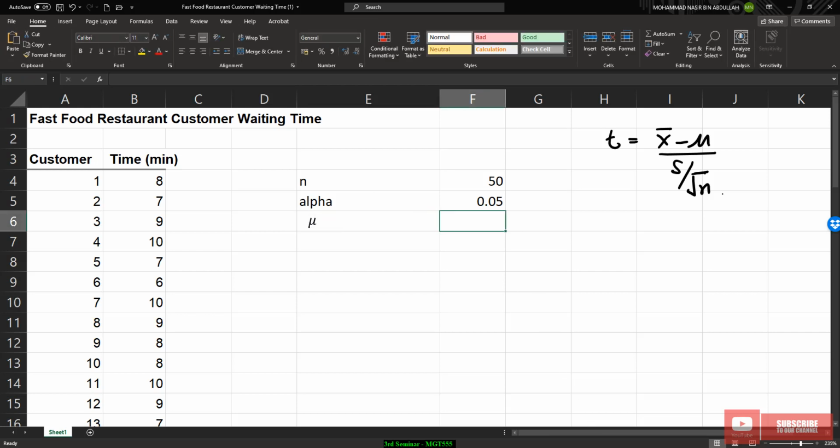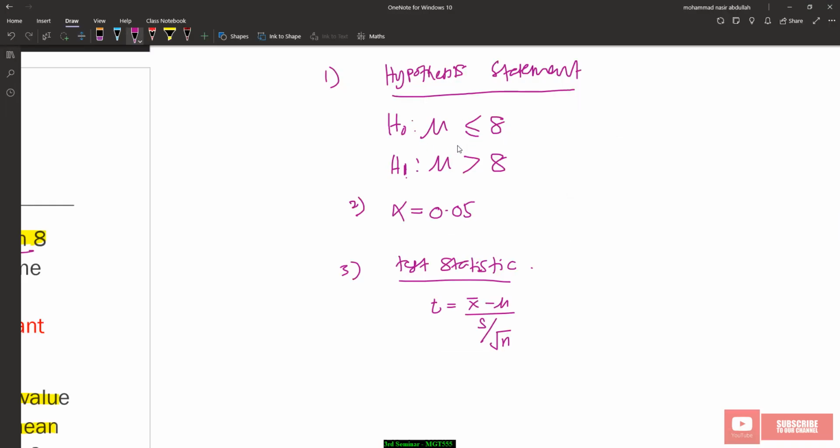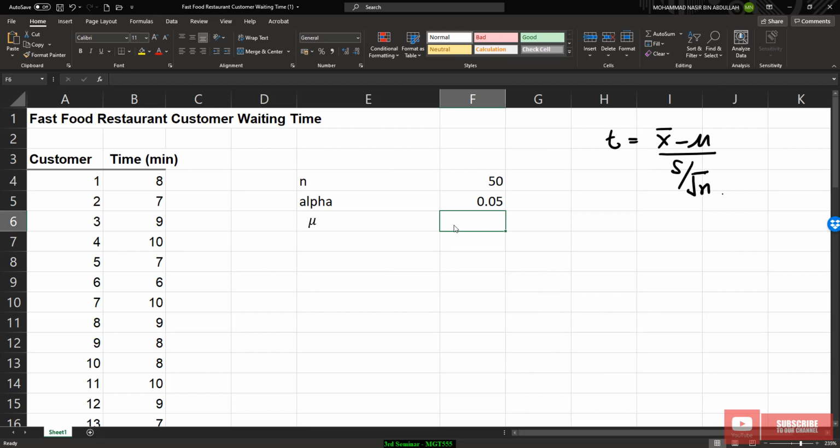If we look at this one, our mu is less than or equal to 8, right? So we want to test our mu equal to 8. So here our mu is equal to 8. So we put 8 here.